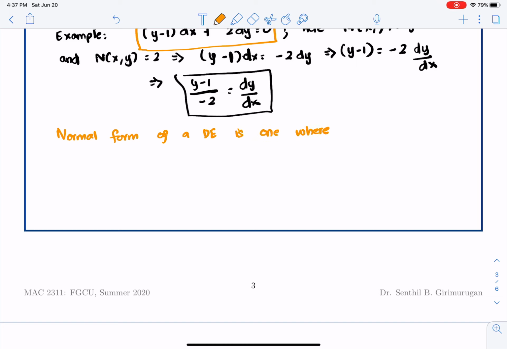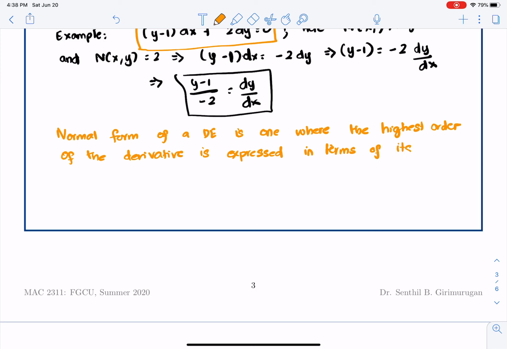It is one where the highest order of the derivative is expressed in terms of its lower orders and constants.